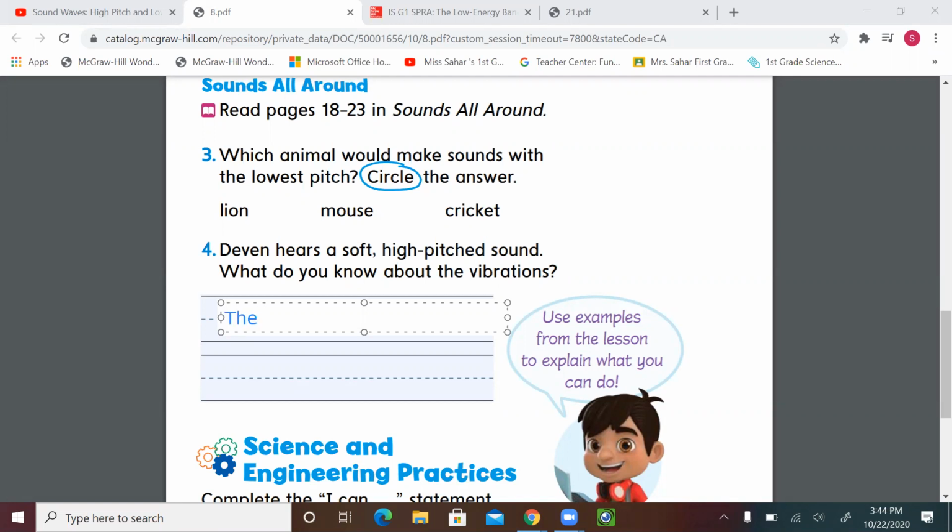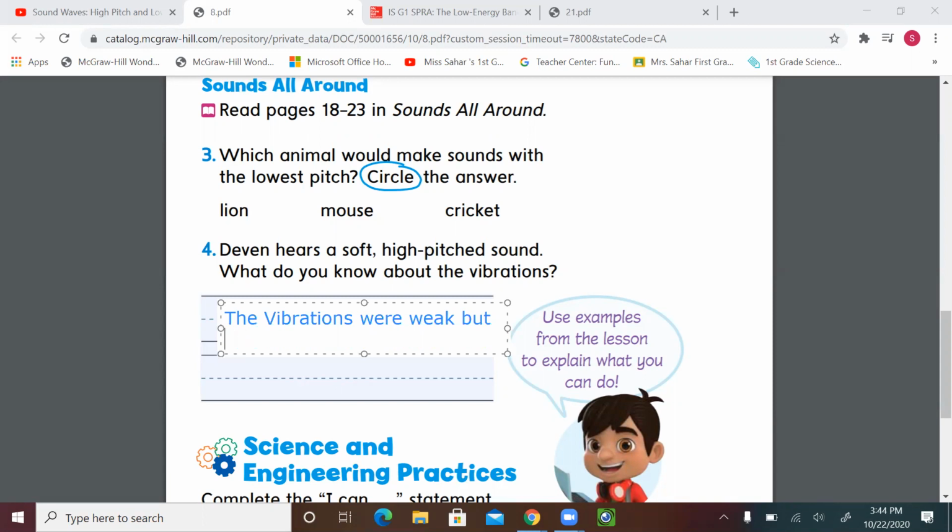Yes. It's going to be weak, of course. But slow or fast?